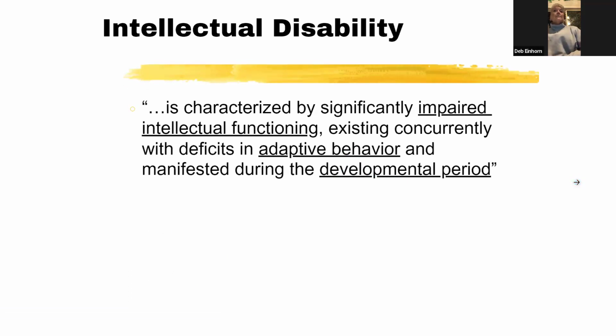So it's not going to be identified as an adult unless it is part of an adult condition like dementia or something like that. When we talk about intellectual disabilities, we talk about impaired intellectual functioning in combination with impaired adaptive behavior.